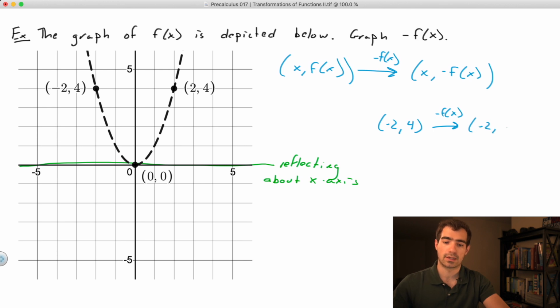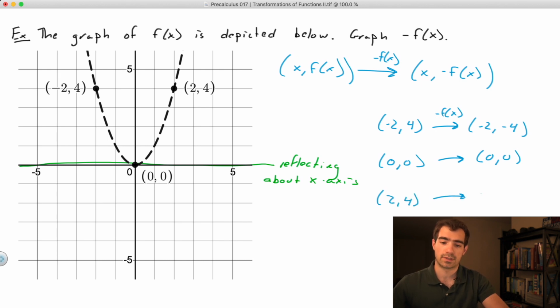giving us negative 2, negative 4. Likewise, the point 0, 0, well, in this case, we don't really have a negative 0, so when it's on the axis itself, it can stay the same. But likewise, the point 2, 4 will be transformed to 2, negative 4.